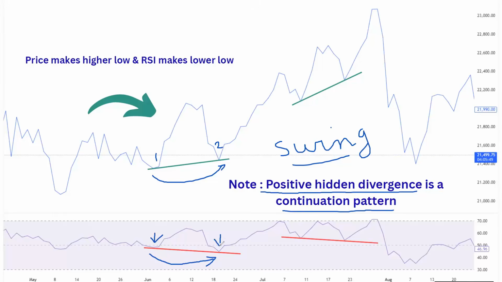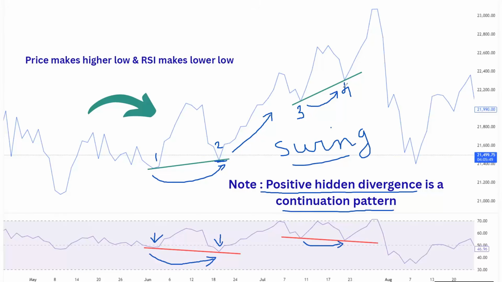So at this point, at point number 2, there is a very decent high probability that the prices will shoot up, which it does. Again, market rallies up, dips down, makes a low at point 3, shoots up, comes down, makes a low at point 4. Now we have a higher low in price and we have a lower low in RSI.